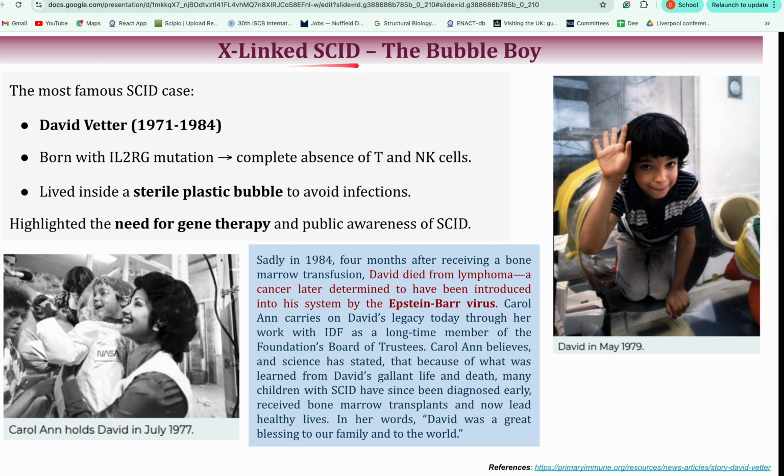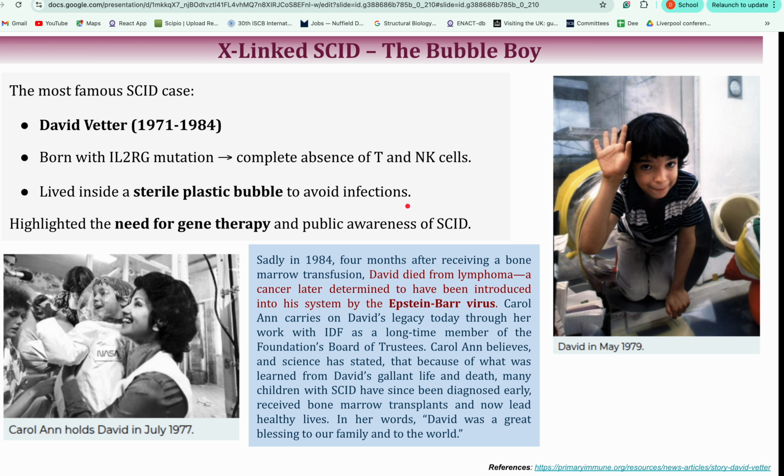There is an example of X-linked SCID, the bubble boy, and this is the most famous SCID case. His name was David Vetter. He lived between 1971 and 1984, and he was born with IL-2RG mutations, due to which T cells and NK cells were completely absent. So he lived inside a sterile plastic bubble to avoid infections.